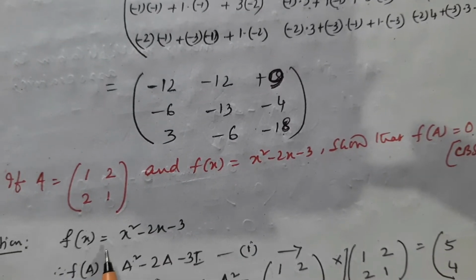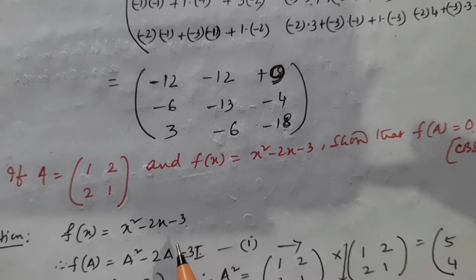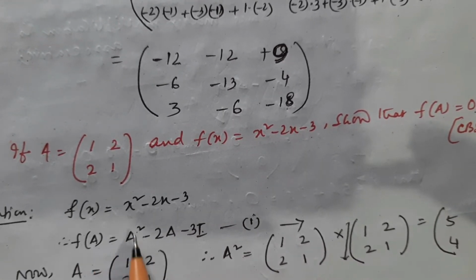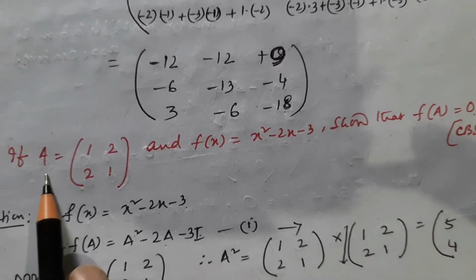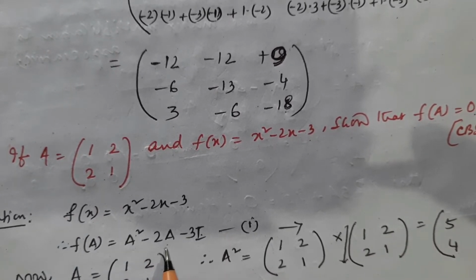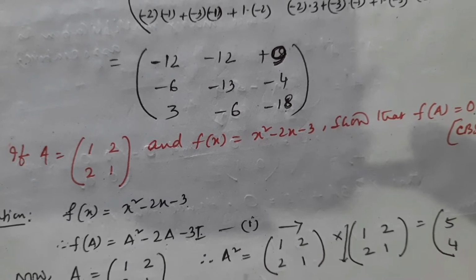Since f(x) equals x square minus 2x minus 3, therefore f(A) equals A square minus 2A minus 3I. Since A equals this, we can evaluate A square and 2A, substitute these values and calculate f(A).